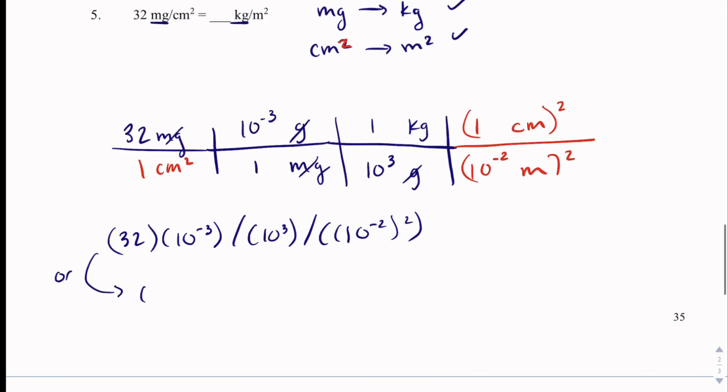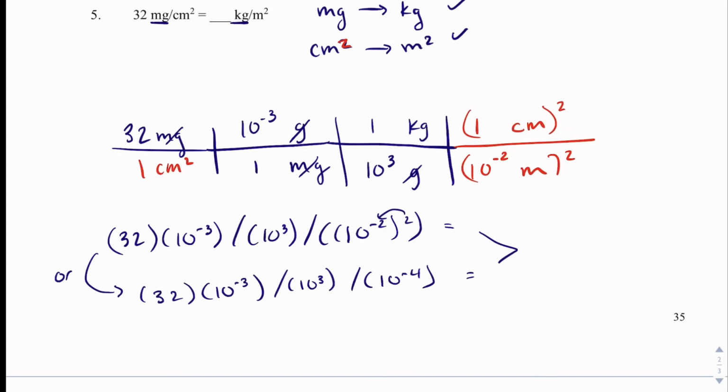Or this might also look like 32, 10 to the minus third, divided by 10 to the third, divided by, and distribute that 10 to the minus 4. So go ahead and plug in either. They should give you the same answer. Make sure you are getting the same thing I'm getting with your calculator.